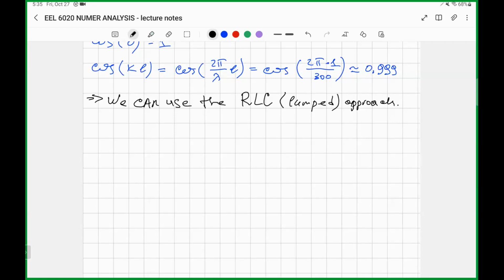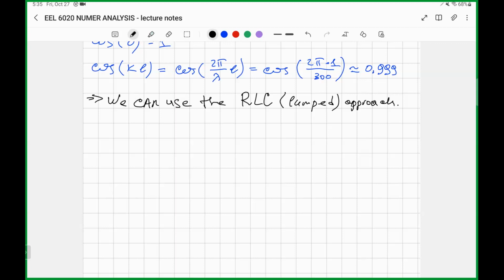And on the other hand, the RLC approach can actually be used to model some systems that are not composed of RLCs. When you have some complex electromagnetic structure, sometimes you can use the RLC approach. It is known as the effective lumped elements approach.